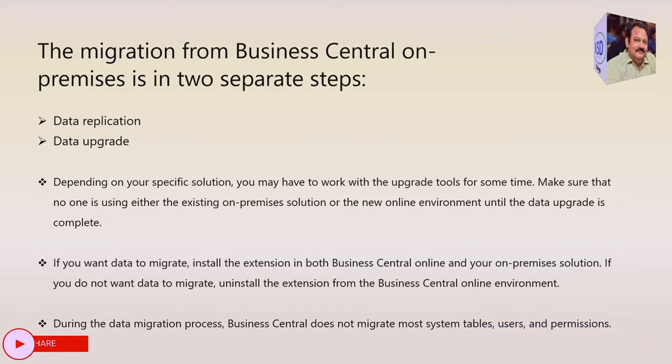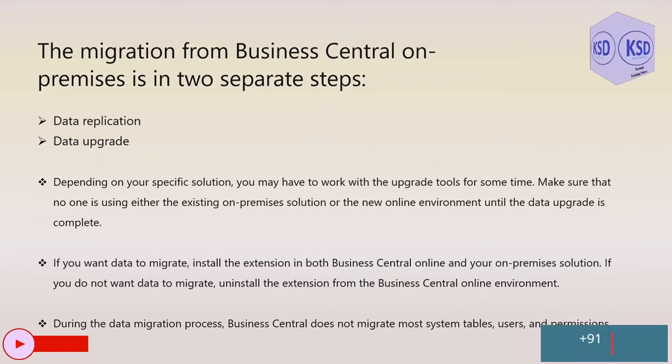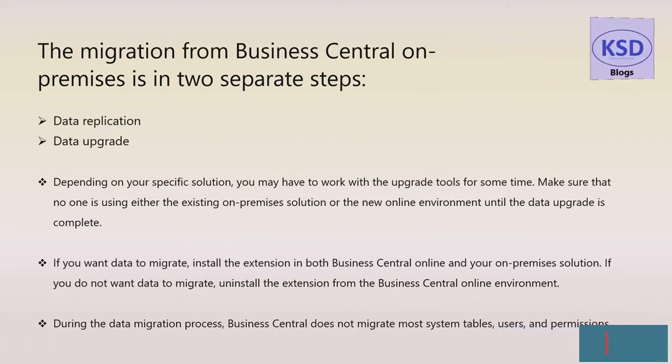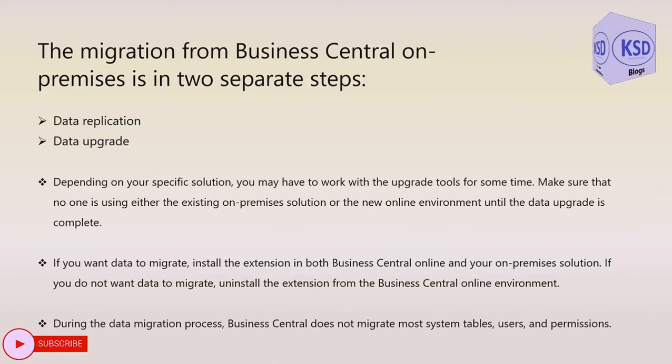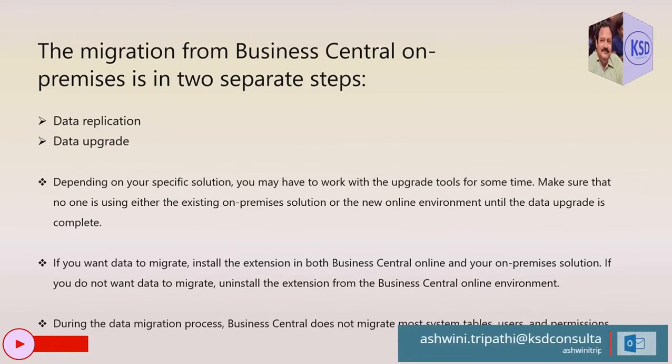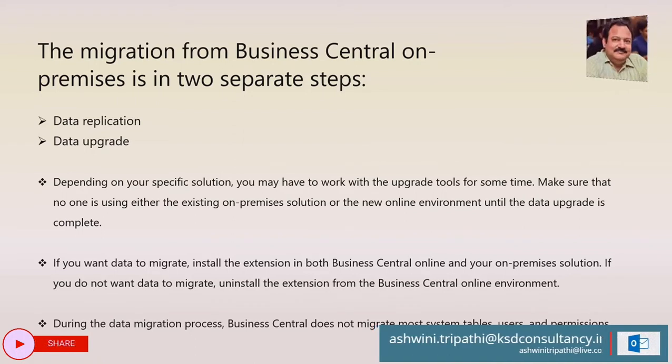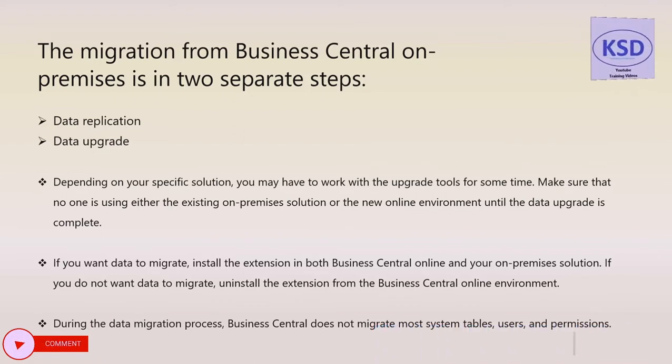If your extension is available in both the databases, then only the data will be migrated. And if you don't want to carry forward the data of that particular extension, you can just uninstall it. So the data will not move to your new environment.